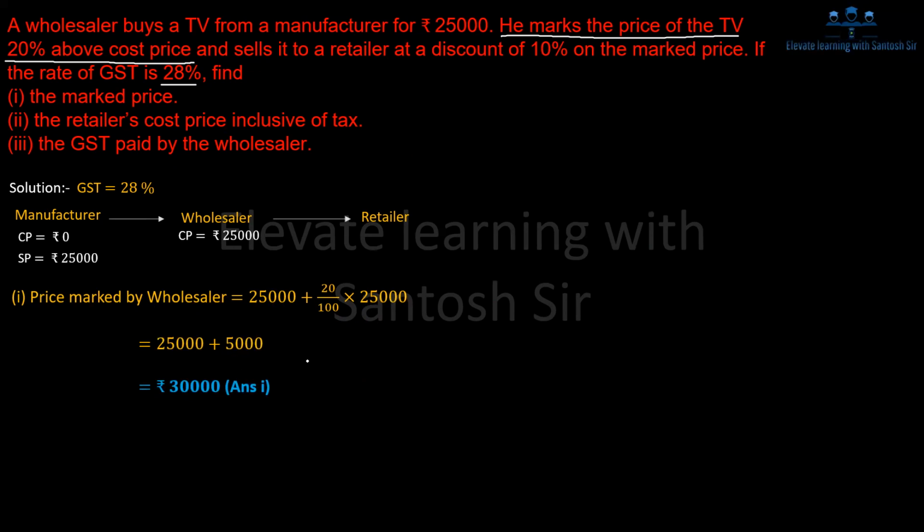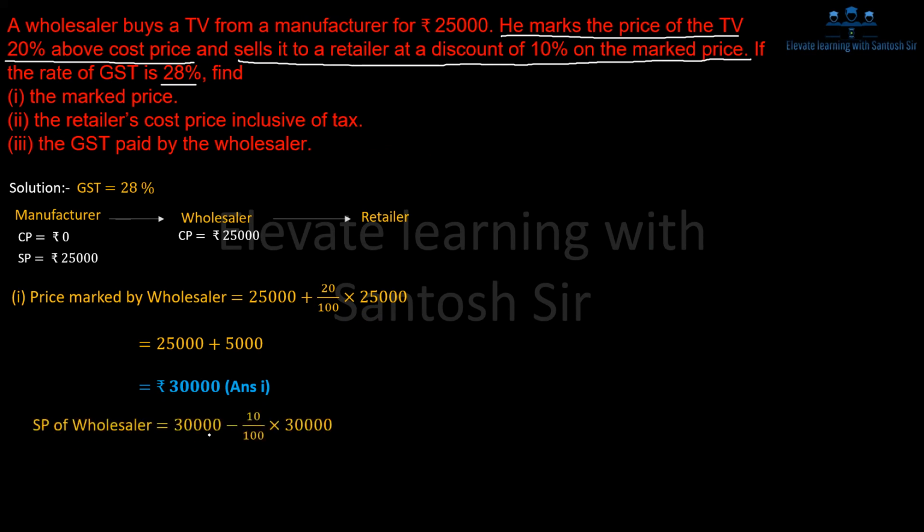This is the marked price by the wholesaler. But is he selling it to the retailer at this price? No. While selling, he gives a discount of 10% on mark price to the retailer. So the selling price of the wholesaler, or we can say the cost price of the retailer, will be 30,000 minus 10% of 30,000.